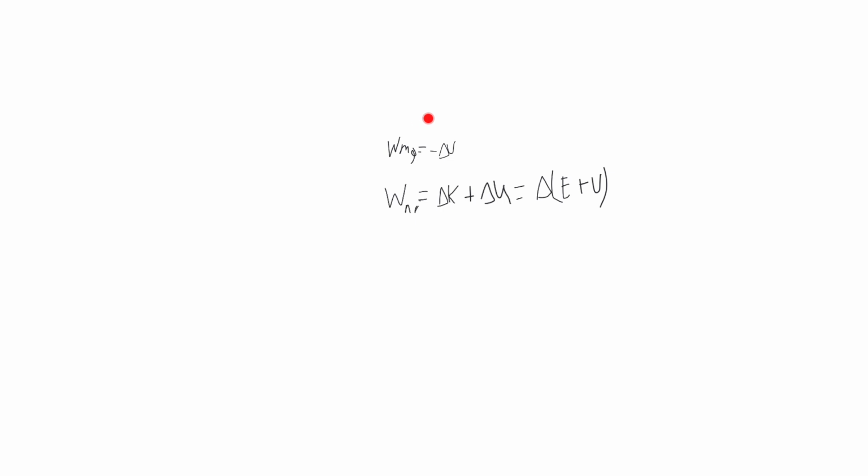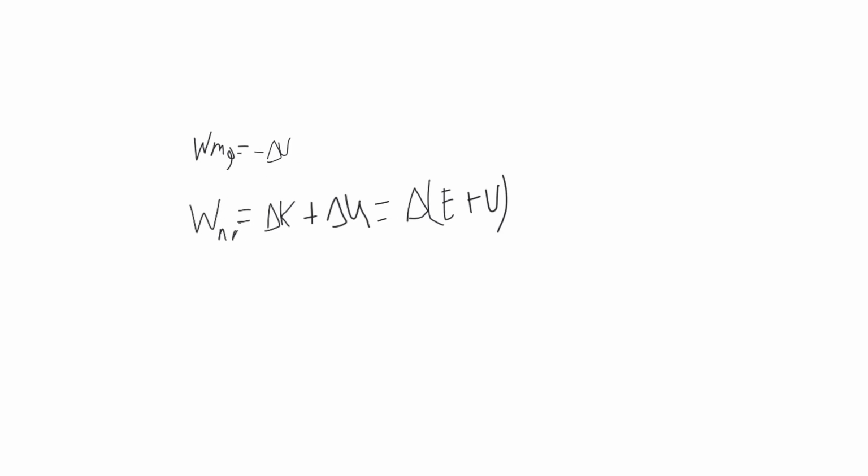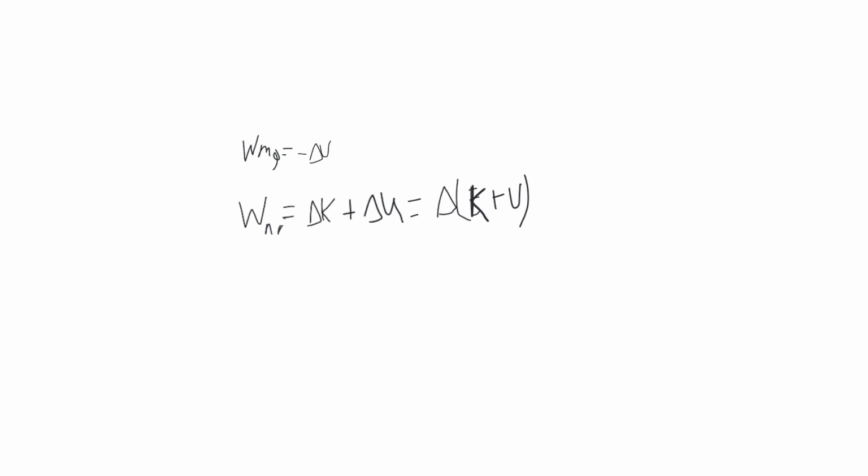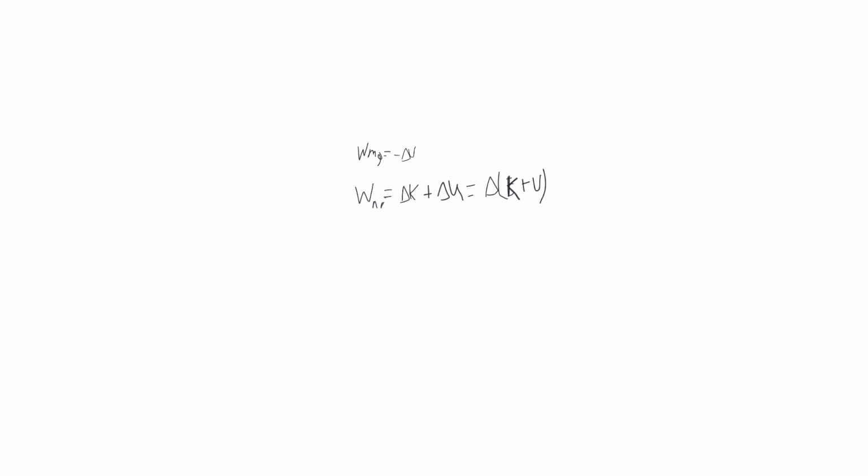So we use this, and we solve for the equation before, and we set that equal to the change in kinetic energy plus the change in potential energy, where K is the kinetic energy. We're going to use this equation to move on.